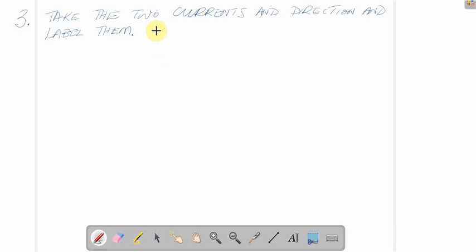So if we were to draw this out, is our load resistor. And I forgot to put in the source there. Sorry, that source should be the other way. Let's just try that again.